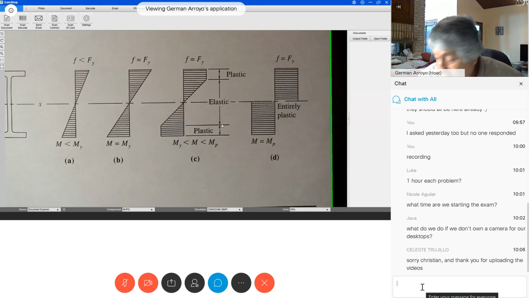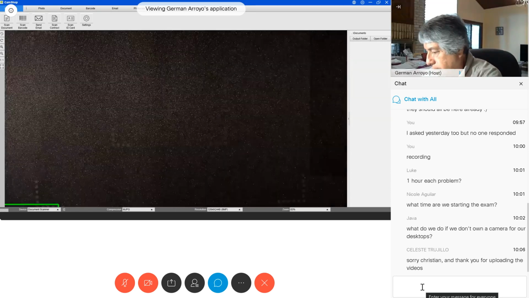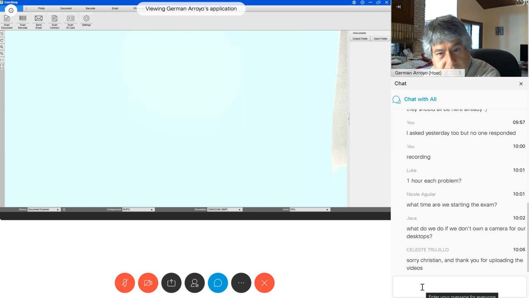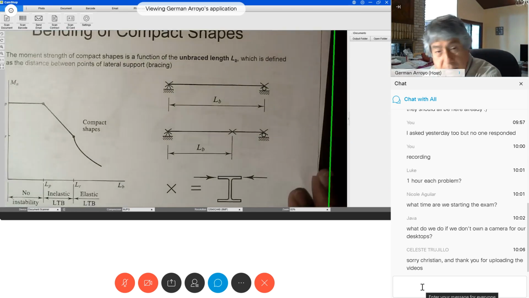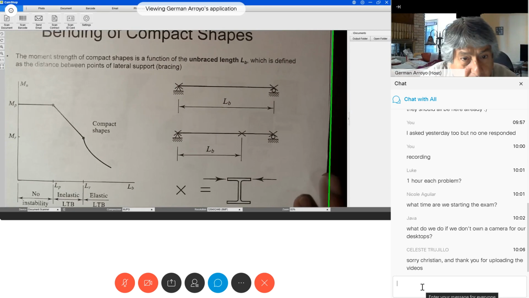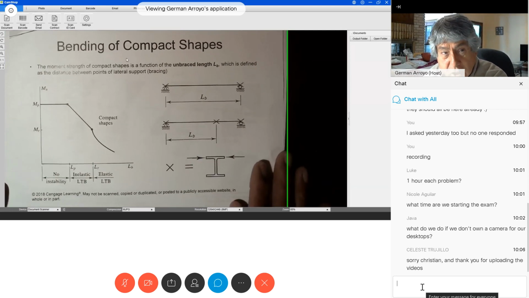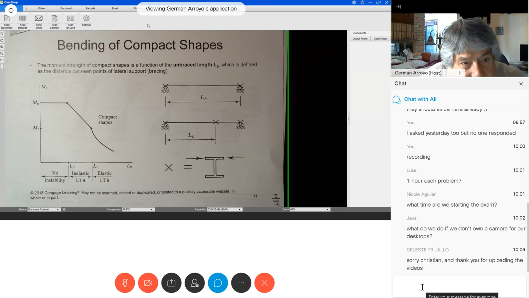So there are three situations. So the code, where I stopped yesterday, this is where I stopped yesterday. I told you that the section that can develop the plastic hinge, we call a compact section.